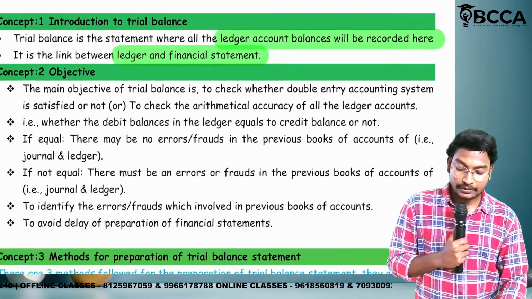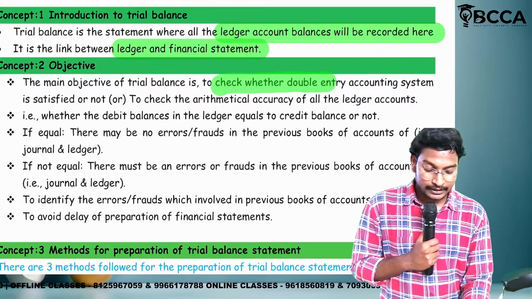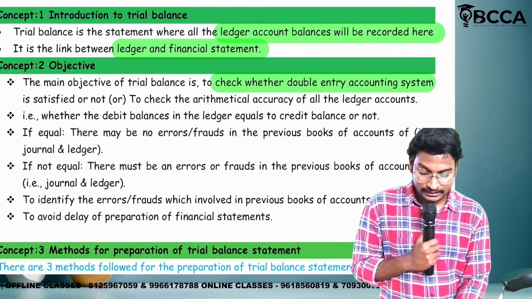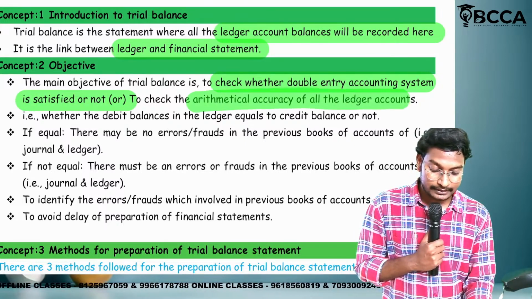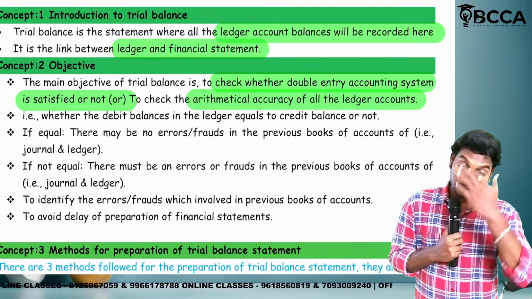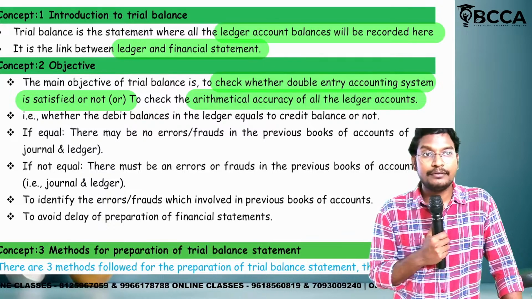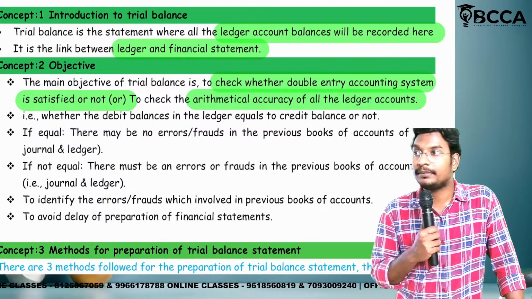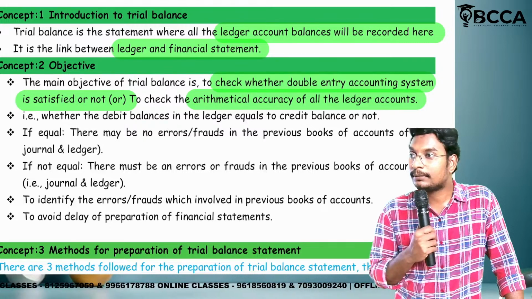The main objective of this trial balance is to check whether the double entry accounting system is satisfied or not, and to check the arithmetical accuracy of all the ledgers. Arithmetical accuracy means the debit total must be equal to the credit total. If the debit total and credit total are equal, then only we have followed the double entry system.